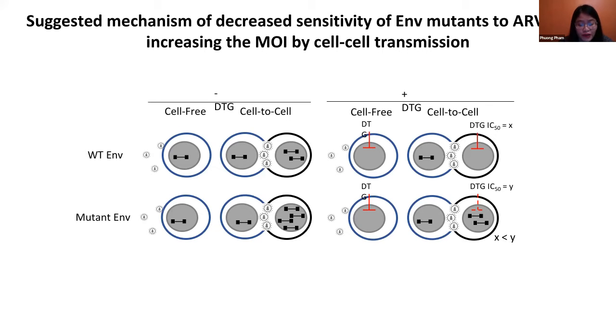Furthermore, with mutant envelopes that are highly efficient at cell-to-cell transmission, the same concentration of drug might be insufficient to inhibit those mutants as compared to the wild type.